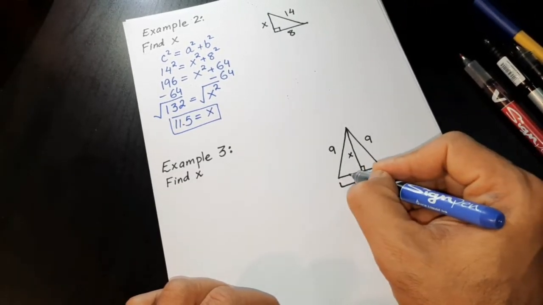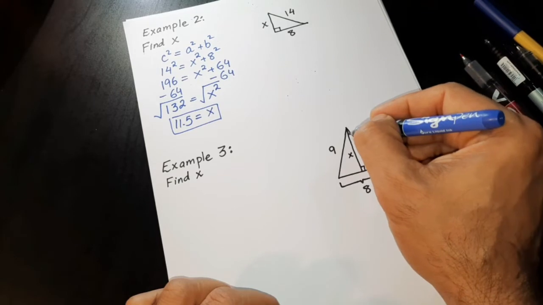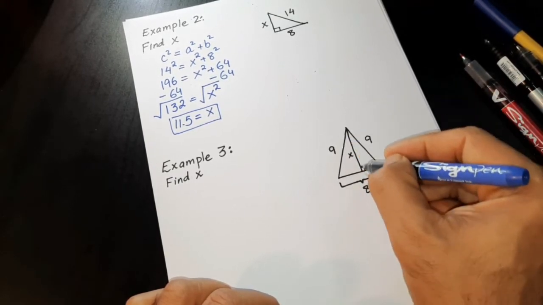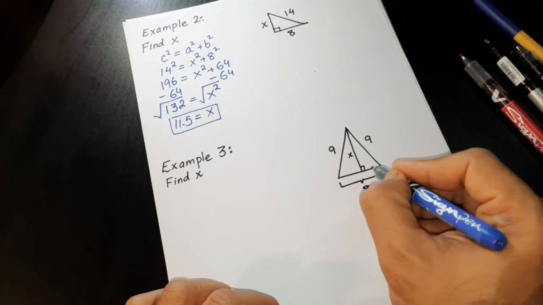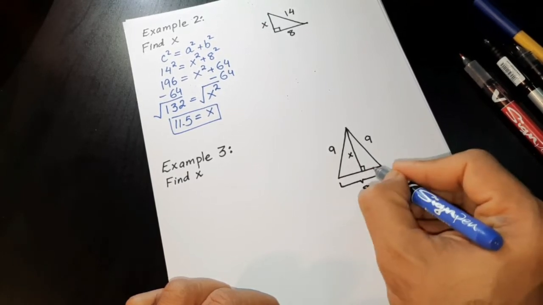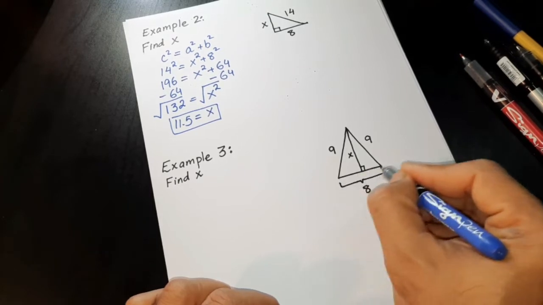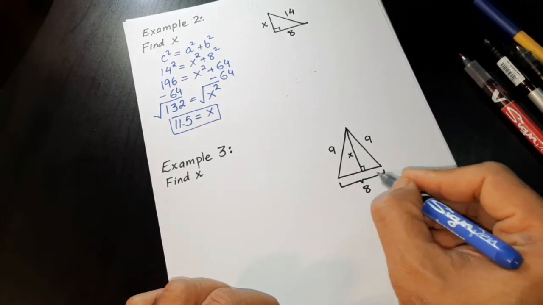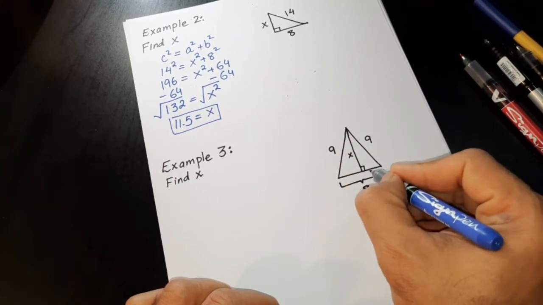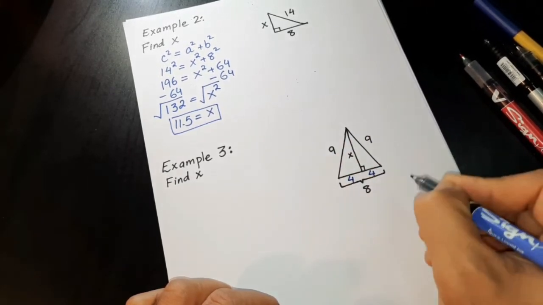The base angles are going to be equal, and the altitude or the height of the triangle is always a perpendicular bisector, or it divides the base into two equal parts. So the base is 8 units. When this height divides it into two equal parts, each part is going to be 4 and 4.